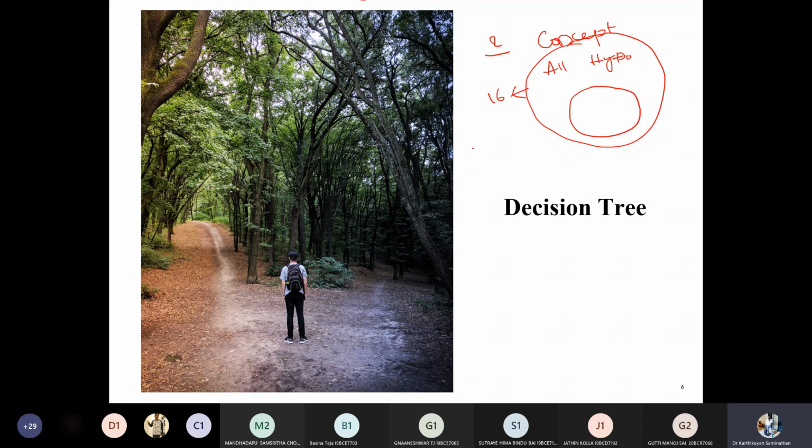So what are the possible instances? 2 power 16 are the possible instances. What is the possible target concept? Assume this is D, then 2 power D is your possible target concept, so 2 power 2 power 16.